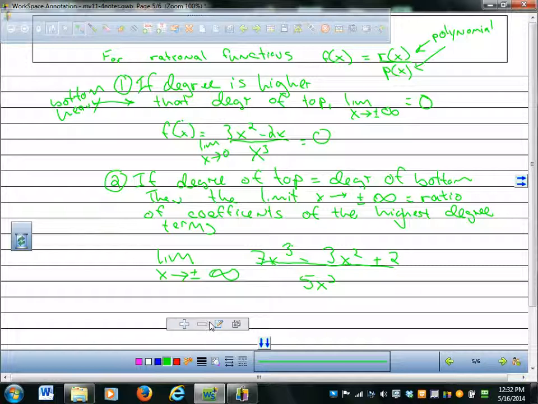What's the limit? 7 over 5, right? Because as this number gets very large, and this number gets very large, these other terms become unimportant, less significant. If I'm cubing them, these things kind of disappear, and what you're left with is this thing is always 7 over 5 times as big as that.